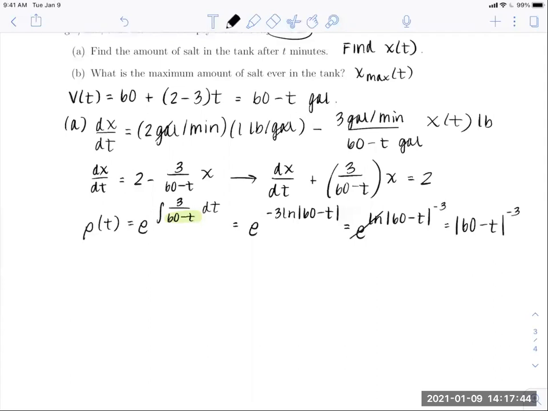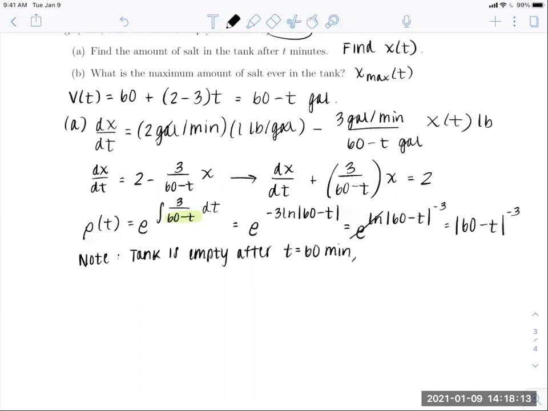Now, one thing that we had mentioned was that this tank is going to be completely empty after 1 hour. So I'm going to make a quick note here that the tank is empty after t equals 60 minutes.